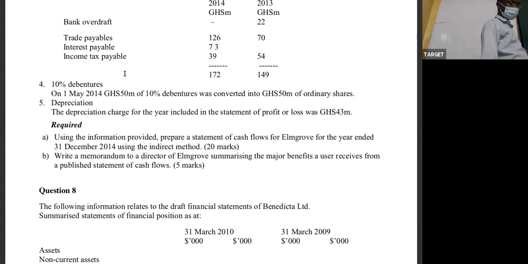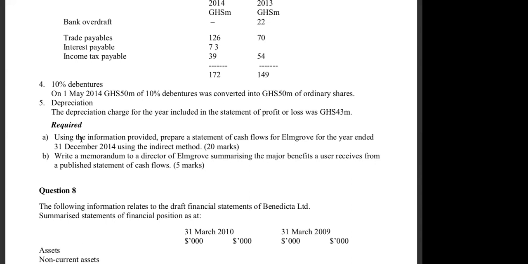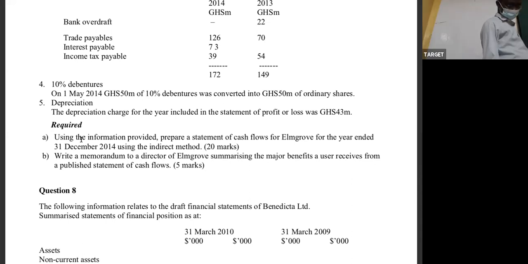Required: A, using the information provided, prepare a statement of cash flows for Elmgrove for the year ended 31st December 2014, using the indirect method, 20 marks.